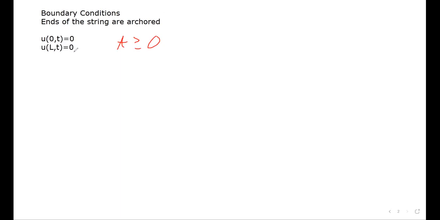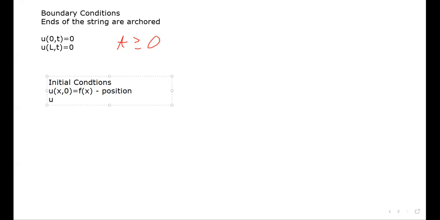But we're also going to need initial conditions. So our initial conditions, now that we don't have the leaf blower anymore, are that for our u at time 0, for whatever x, we'll call that some f of x, and that will be for x between 0 and L, and that will be position.